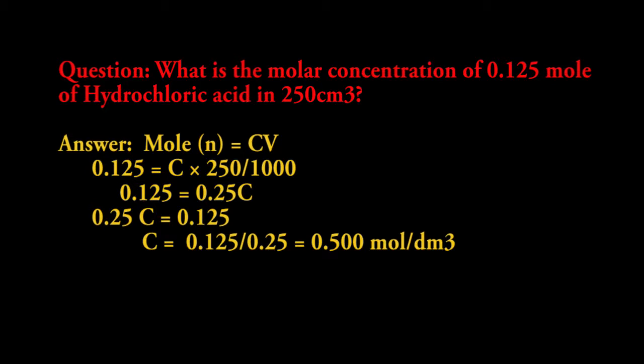Mind you, you need to convert 250 centimeter cube to dm cube, and this can be done by simply dividing 250 by 1000. Here mole is equal to CV and the molar concentration is 0.500 mole per dm cube.